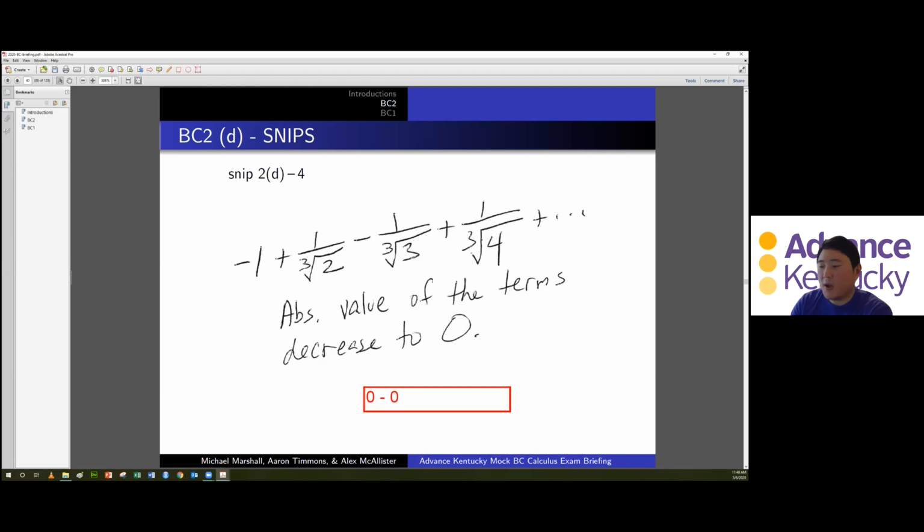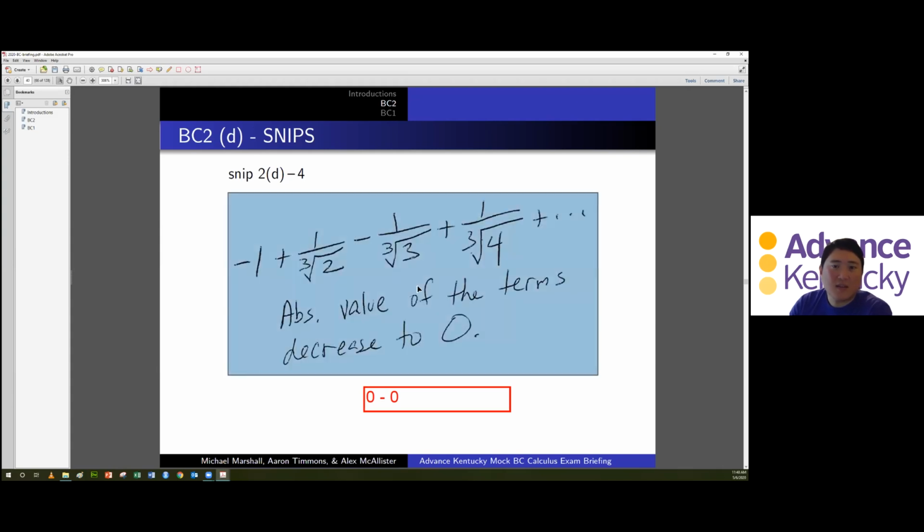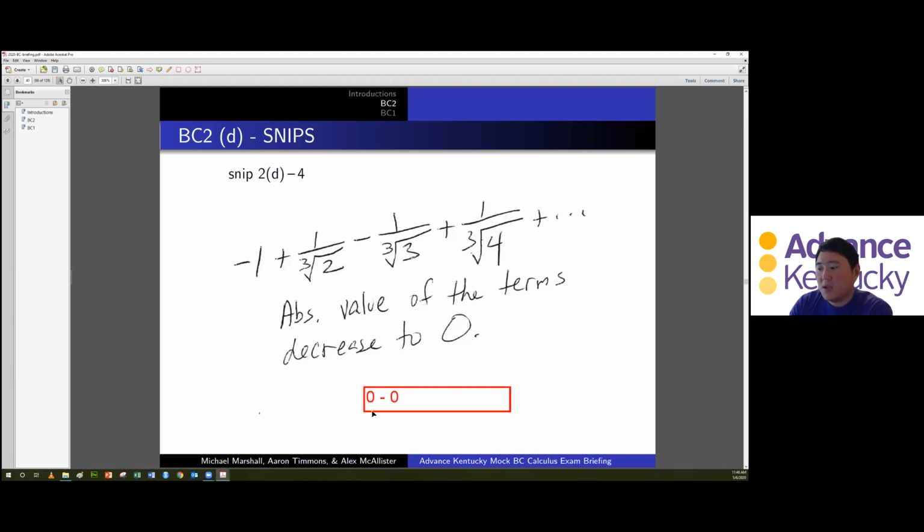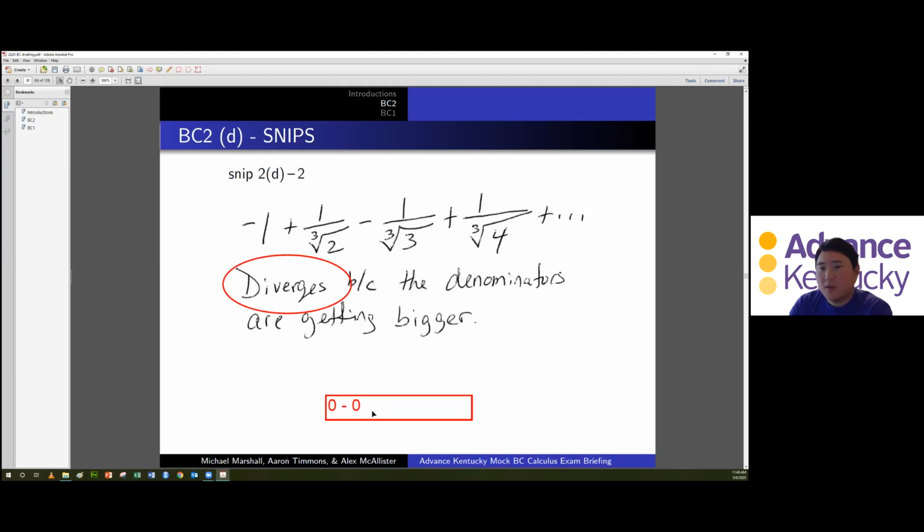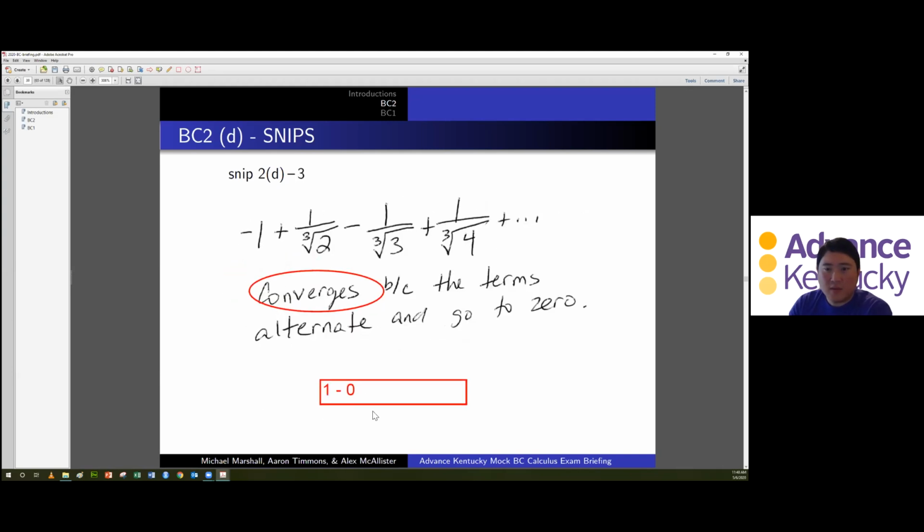Okay. And then two other questions on how strict you all are with students explicitly saying that the terms alternate. If a student states that they are using the alternating series test and then states that the limit to infinity is 0, will that work?